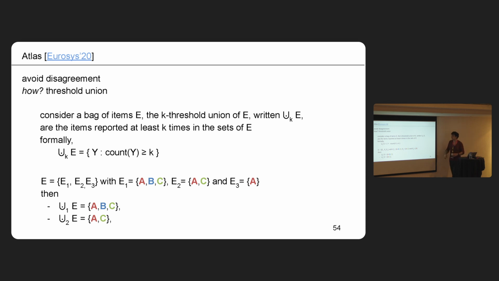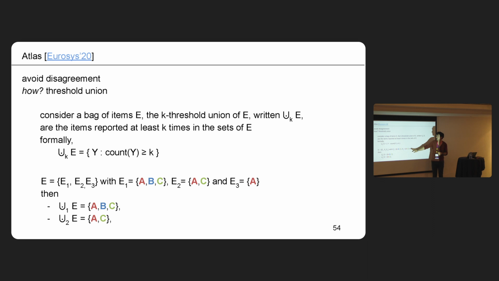So the threshold union is this operator, a union over a value k, a threshold union. So it's U_k, and it's defined over a bag of items. So in our case, the items will be the dependencies. And it's simply counting the dependencies that are reported at least k times. Okay, so this is this equation there. It is the set of y such that, if you count y, you see it at least k times.